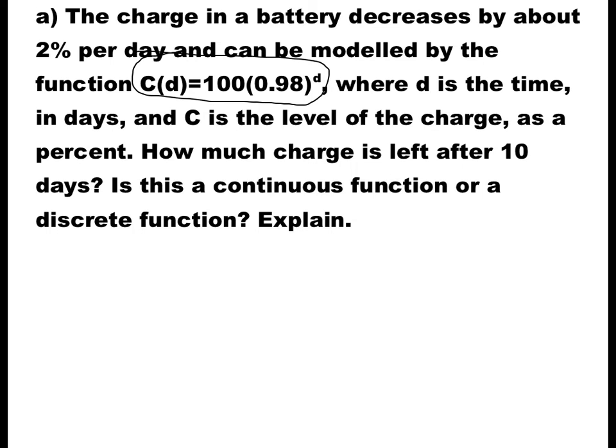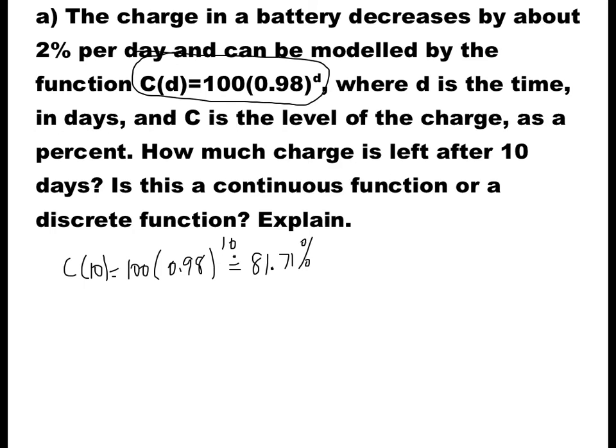This means that D is equal to 10, so we have to find C of 10. C of 10 is 100 times 0.98 exponent 10. If you use your calculator to evaluate this, it is going to be about 81.71%. This is the amount of charge which is left in the battery.